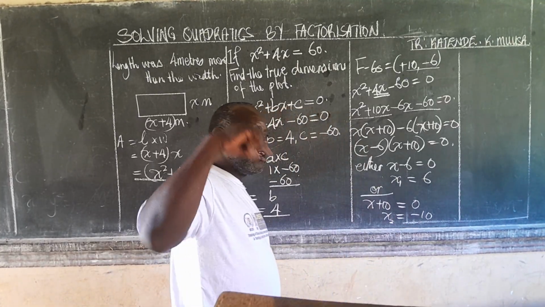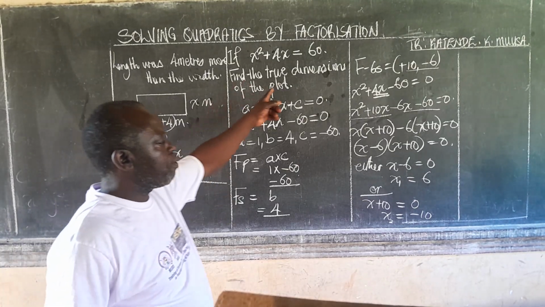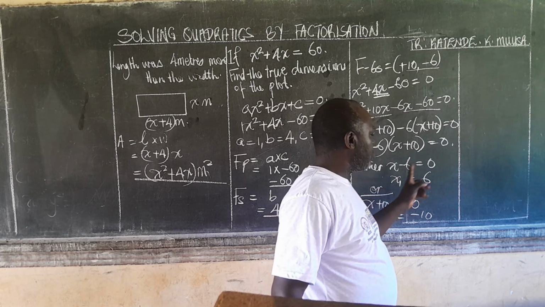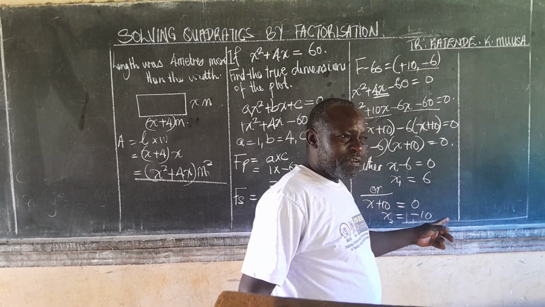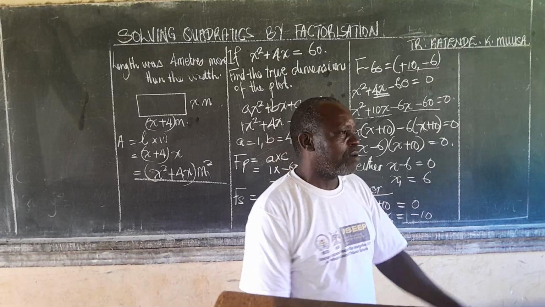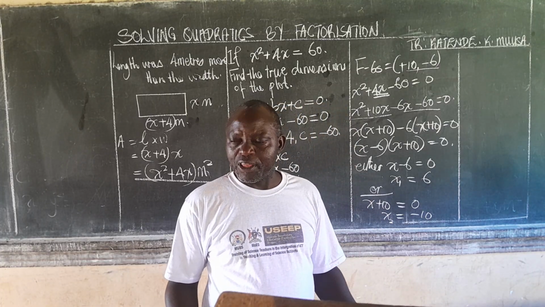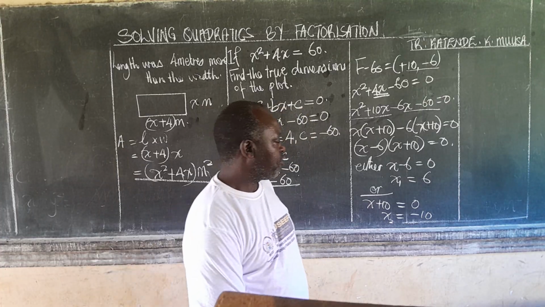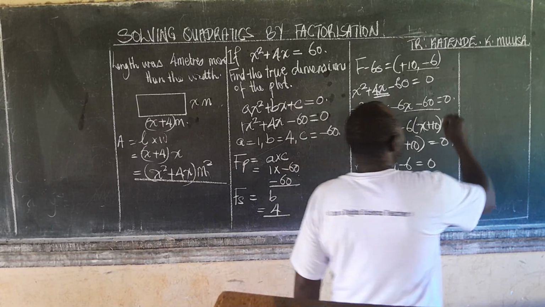But remember, we have been told to find the two dimensions of the plot. Therefore, for the two dimensions of the plot, we have x equals 6 and then x equals negative 10. When we are referring to dimensions of the plot, we will never have a negative dimension. Therefore, we have to take the positive dimension, which here is 6.